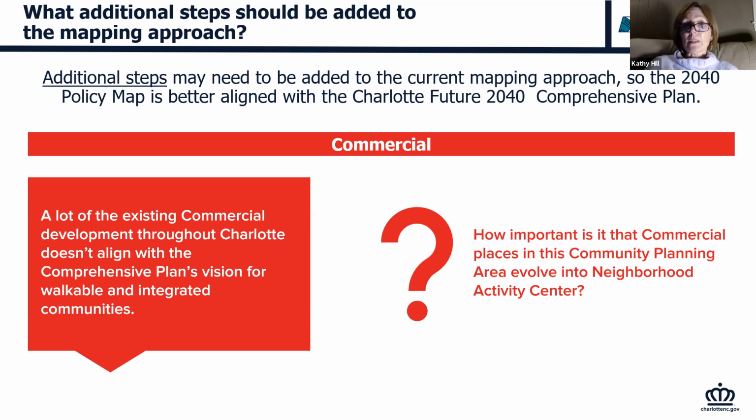So if I am trying to get more ped oriented than auto oriented, I would say very unimportant. I think you would say very important. So I think you would agree that commercial places should evolve into neighborhood activity centers, especially along Monroe Road. Okay. Evolve into, not joining. Okay, I was interpreting that as joining. Yes, I'm with you now.